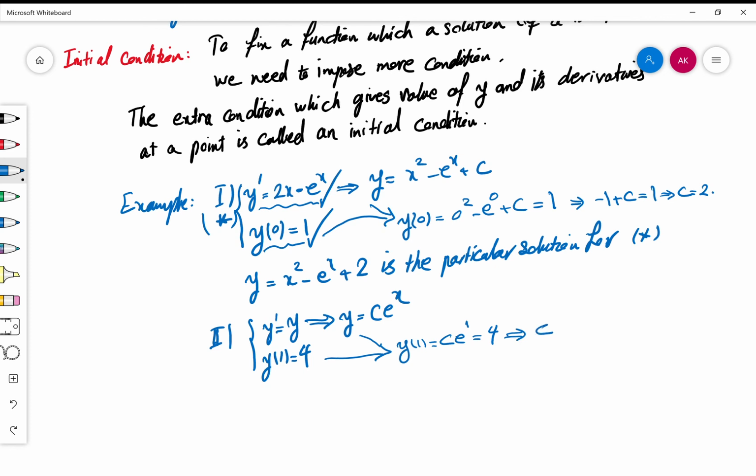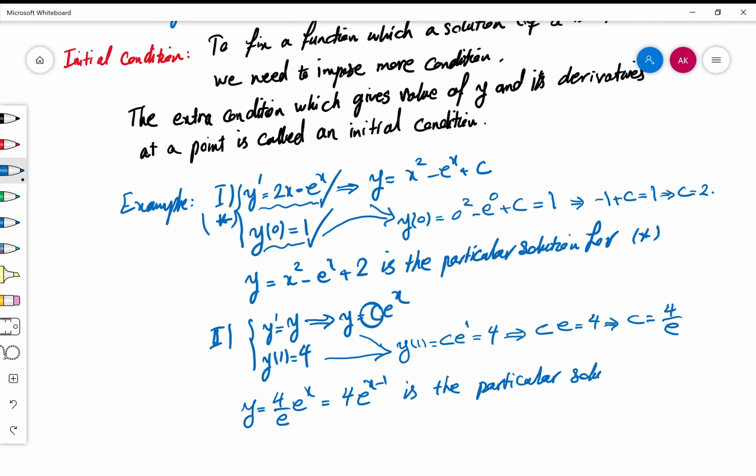That means c e is equal to 4, so c needs to be 4 over e. Instead of c, I'm putting that specific value: y equals 4 over e times e to the power x, which is the same thing as 4e to the power x minus 1, is the particular solution for this other one.